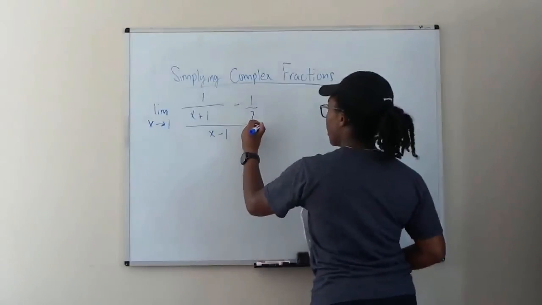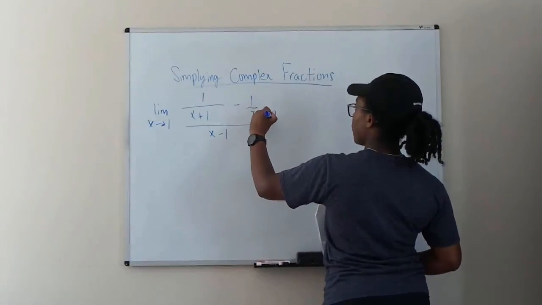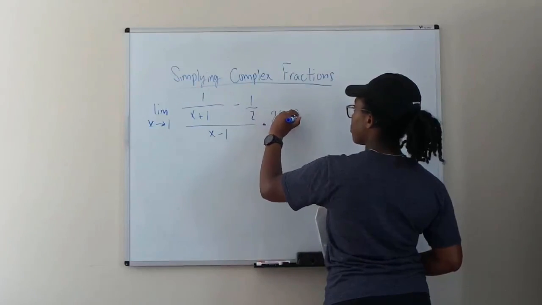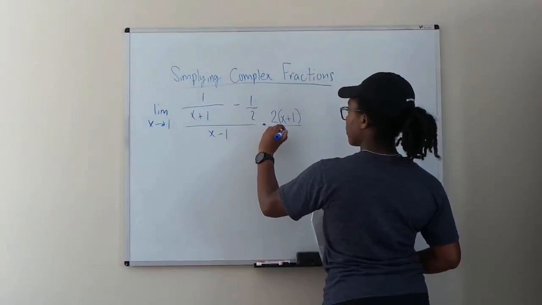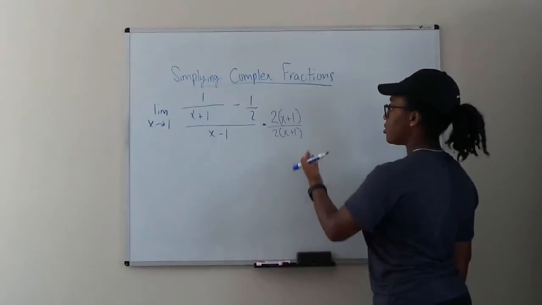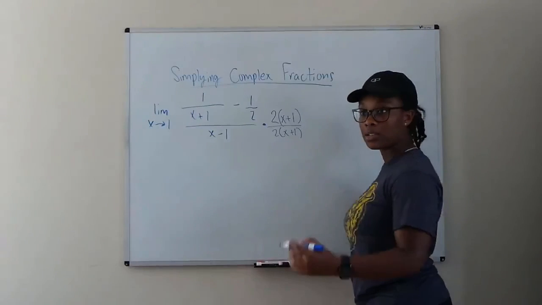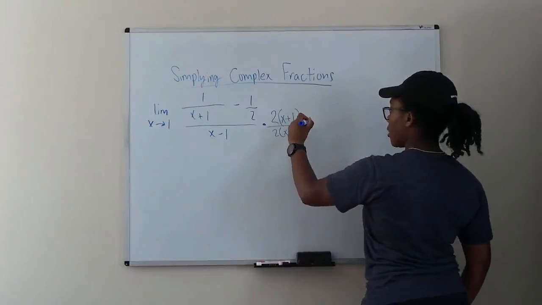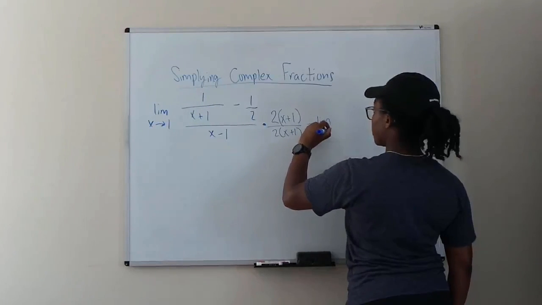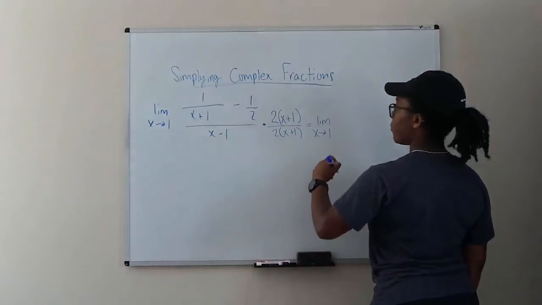Okay, so we're actually going to multiply everything by 2 times x plus 1. As you can see, like the last example we had, this is just going to simplify to 1, so we're not really changing the expression. You want to be careful that you're not making a different expression when you're trying to simplify.